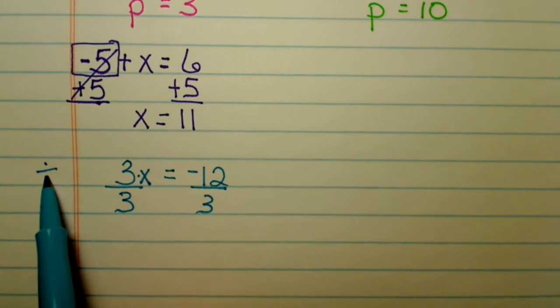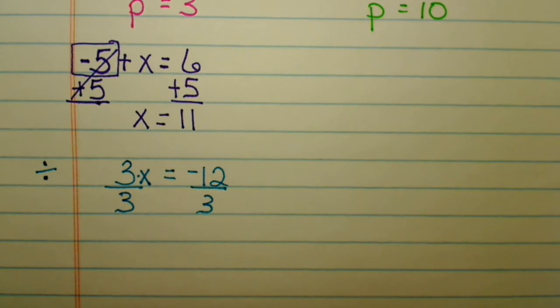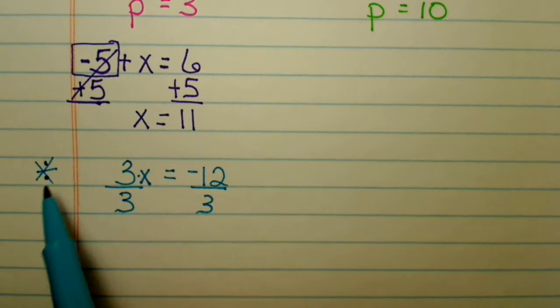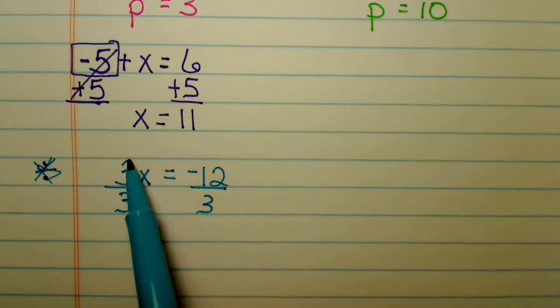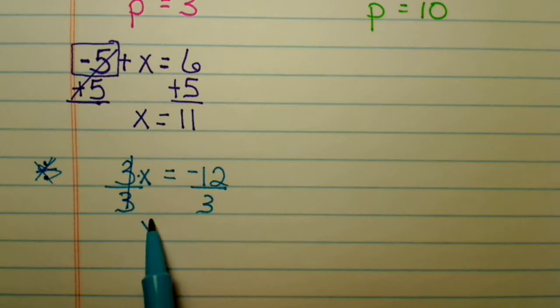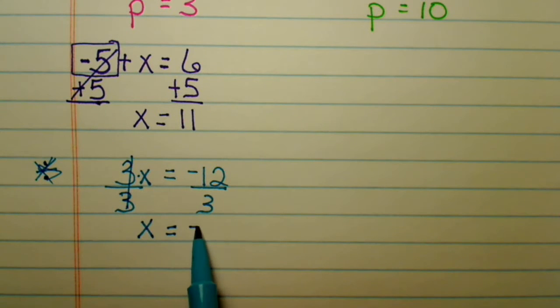We're not going to use that right now in pre-algebra. Instead, we want to put the line. So those will cancel, and that will leave you with x is equal to a negative 4. Always watch your positives and your negative signs.